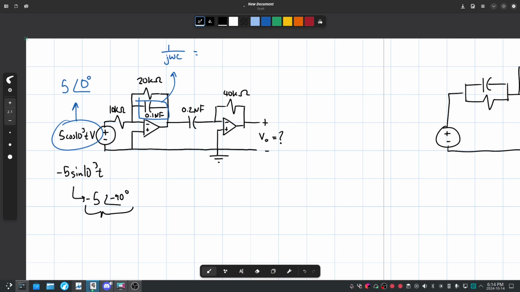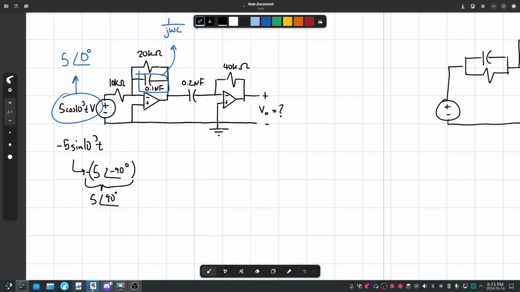You have to do this instead, and then it's just going to end up as 5 with a phasor of 90. For cos, it's 0. And if you have negative 5 cos, if it's sine, it's always negative? Yes. If it is sine, it's always going to be negative 90. It's only if you have negative sine that it would be 90.